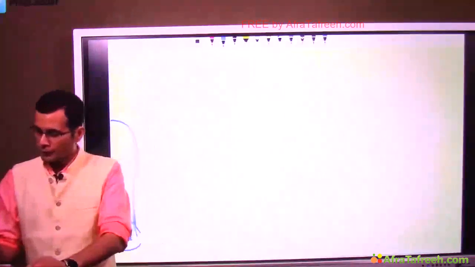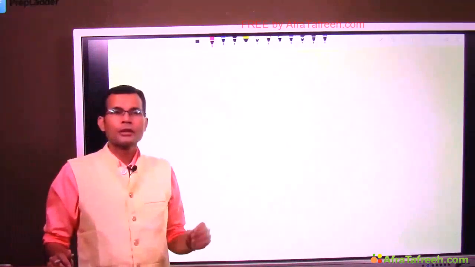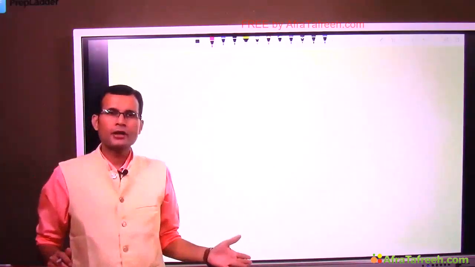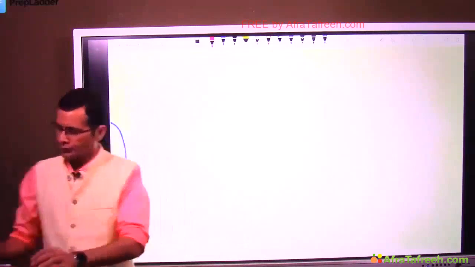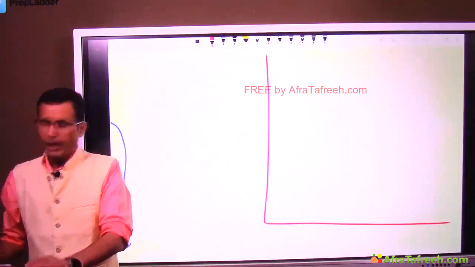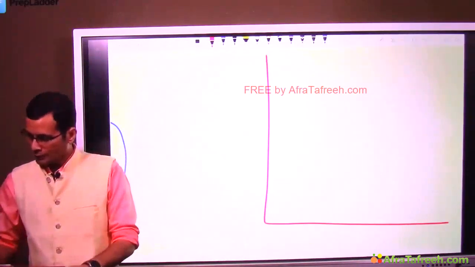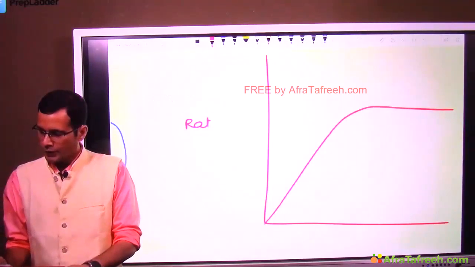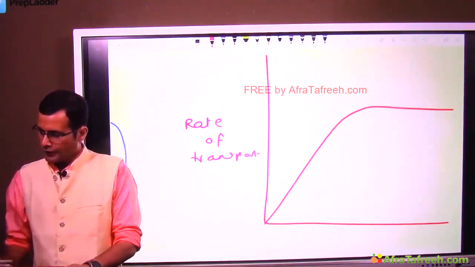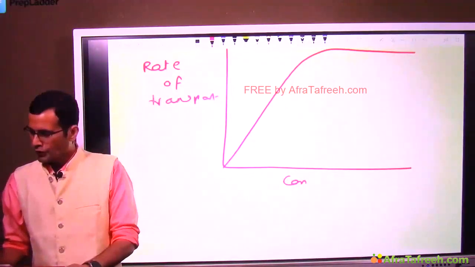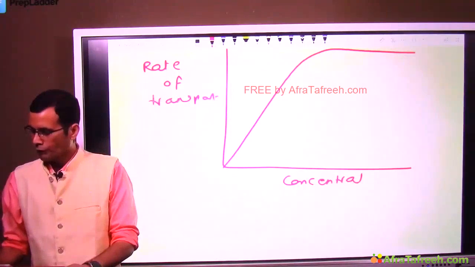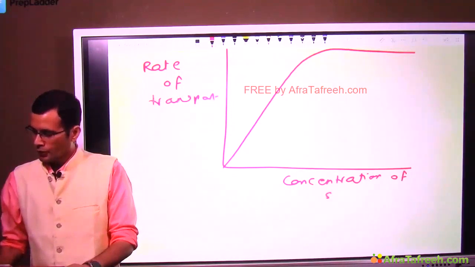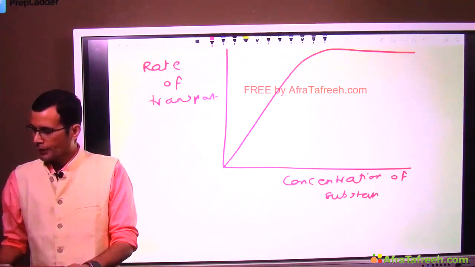Now, if you go back to our chapter on carrier mediated transport, that is facilitated diffusion, the graph for facilitated diffusion was something like this. This is the rate of transport, and on this axis we have concentration of the substance on one side of the membrane.